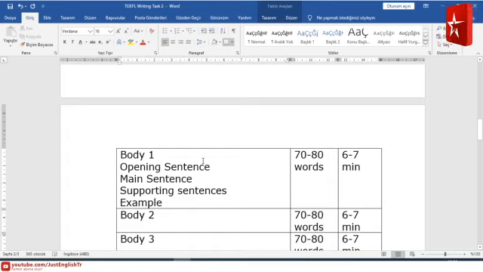Okay? Let me talk a little bit about examples. What kind of examples can we give in TOEFL essays? Examples should be personalized or personified, let's say. What I mean is that in the example, you should not talk generally, but you should talk specifically about one person or maybe a group of people.